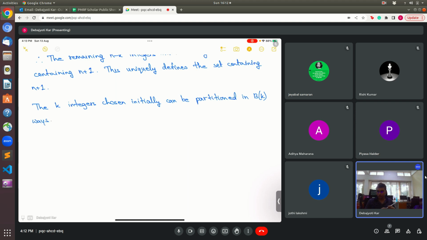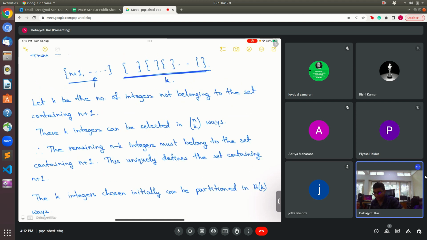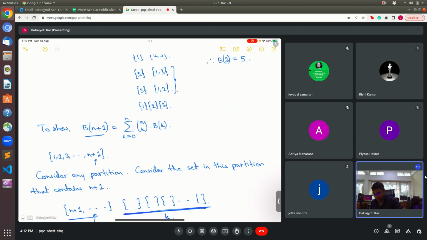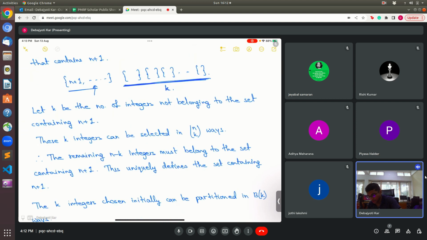So in total this gives us a partition of the numbers 1, 2, 3 up to n plus 1, right? Now this k can be anything between 0 and n, right? The number of integers which do not belong to the partition containing n plus 1 can be anything between 0 and n.